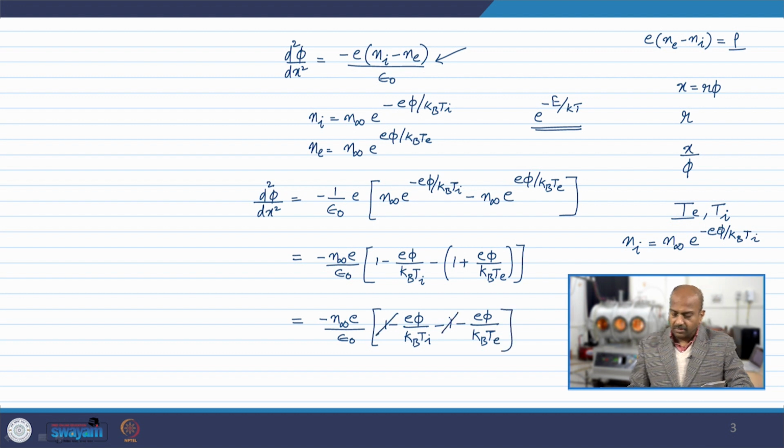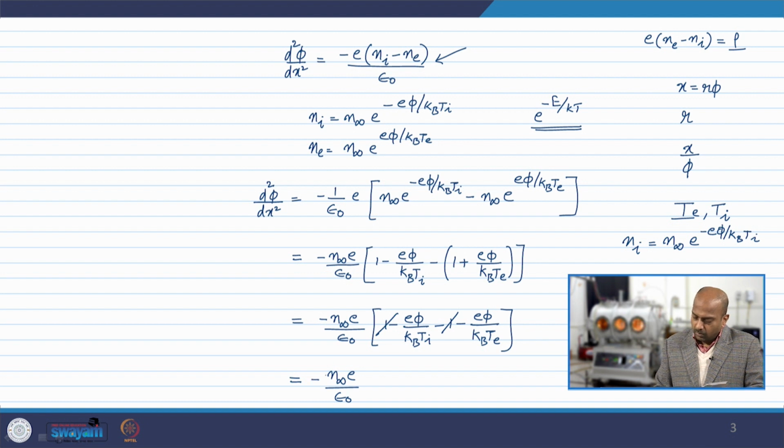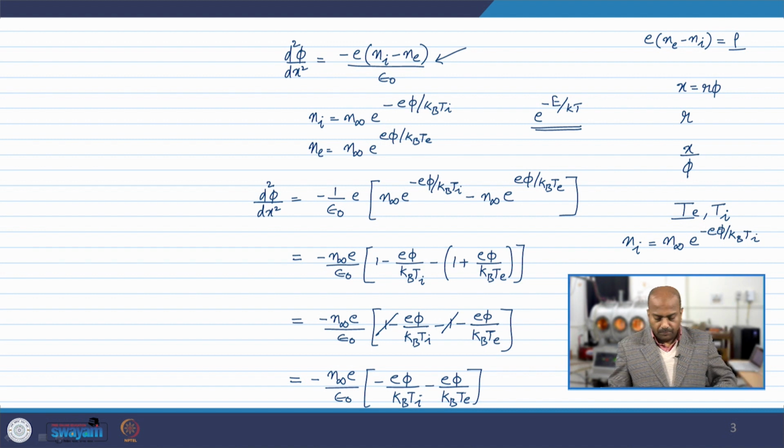So, this will get cancelled, and what we have is approximately equal to n infinity E by epsilon naught times minus E phi by kb Ti minus E phi by kb Te.